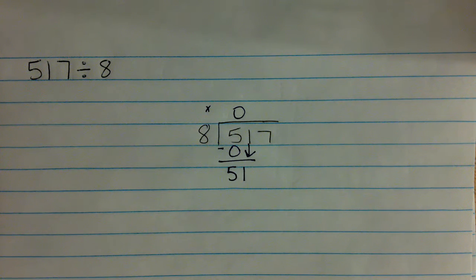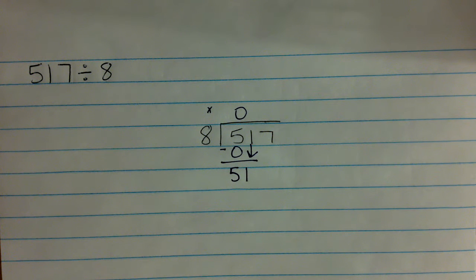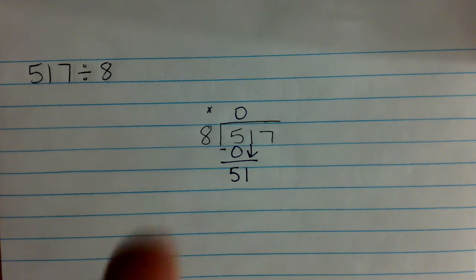8 into 51. Well, if I know my multiplication facts, I'm going through my head of the 8 times tables. So I know 8 times 5 is 40, plus 8 more is 48. So that's 8 times 6 is 48. And 49, 50, 51. That's only 3 more.